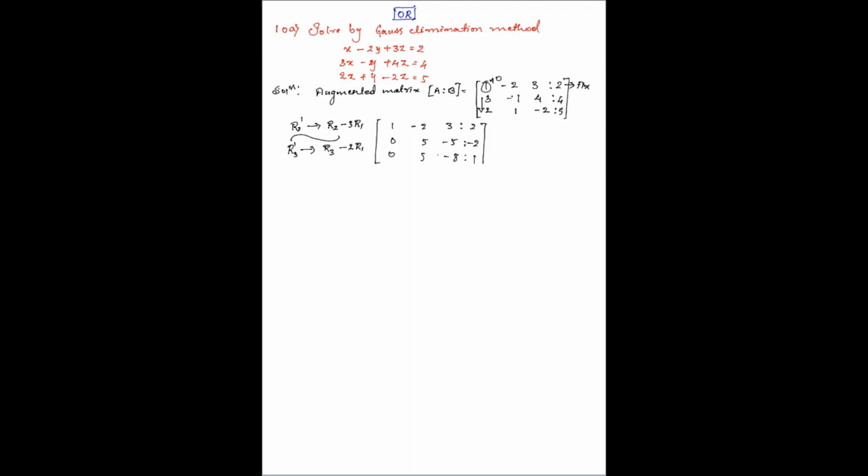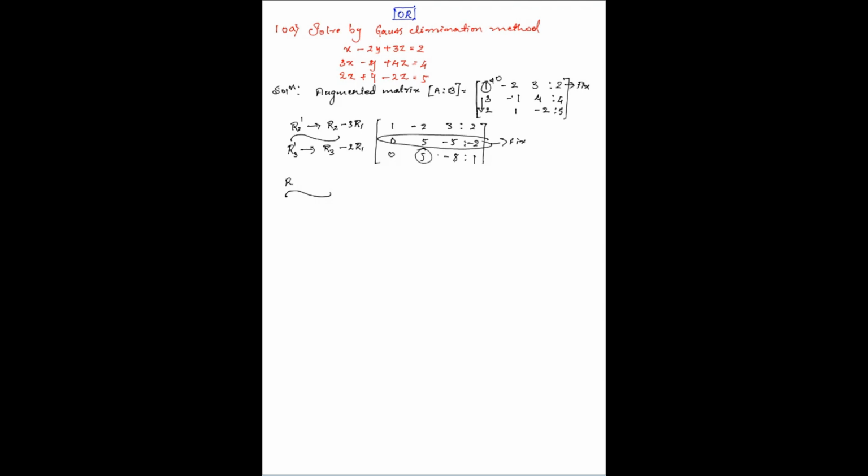So here next my aim is to make this value as 0, as this value is non-zero. Fixing this second row, make that element as 0.